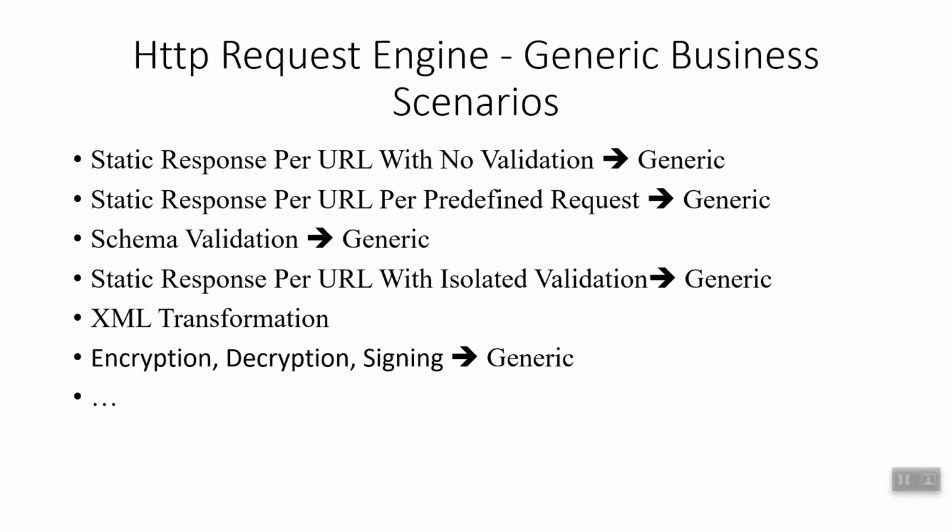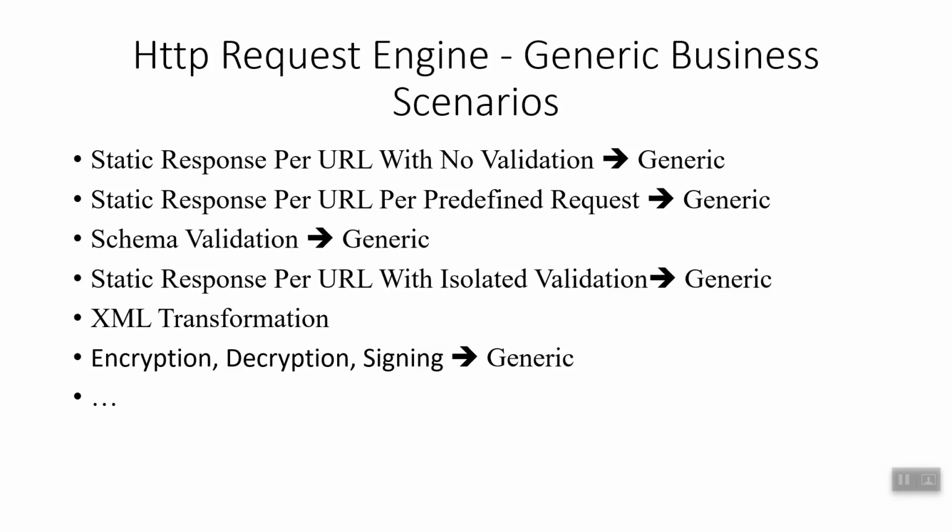Once I hit this URL, I'm expecting the same result every time. Another one: if the request comes to me with a payload or predefined request inside it, the response should be something static as well.